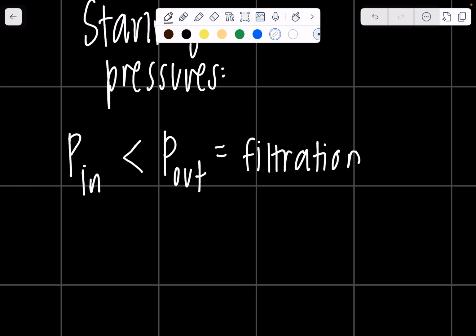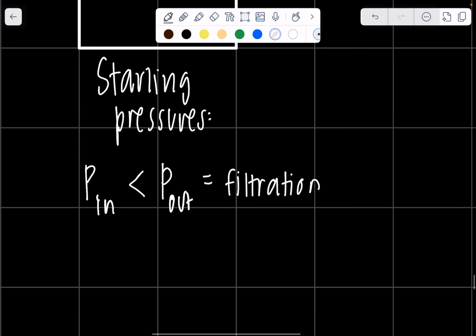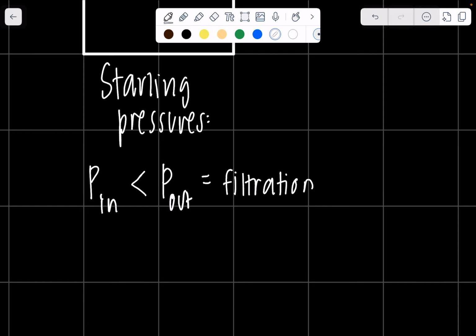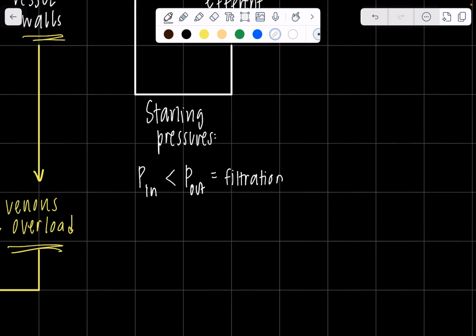Okay, so pressure inside the capillaries should be less than pressure outside of the capillaries, and that's what allows for filtration.